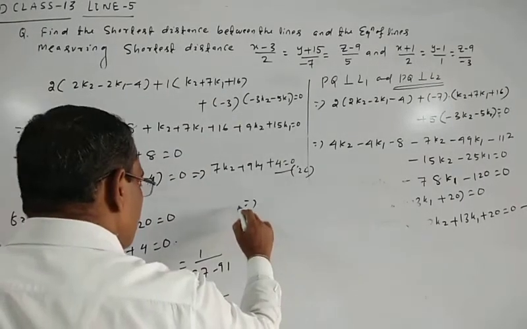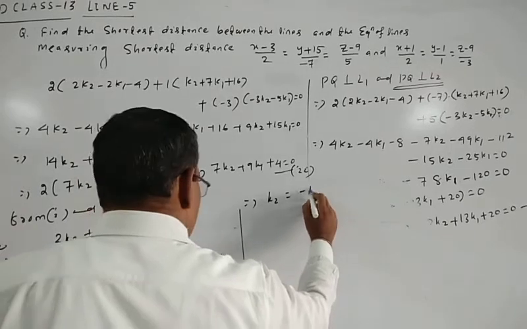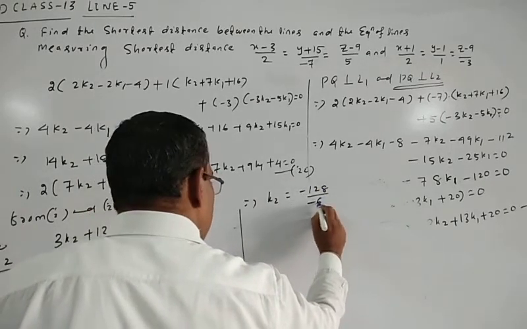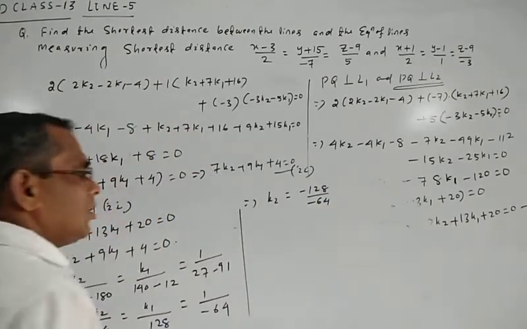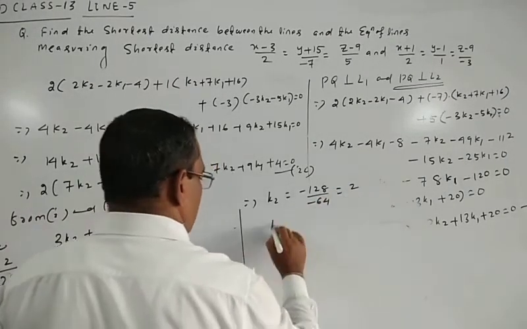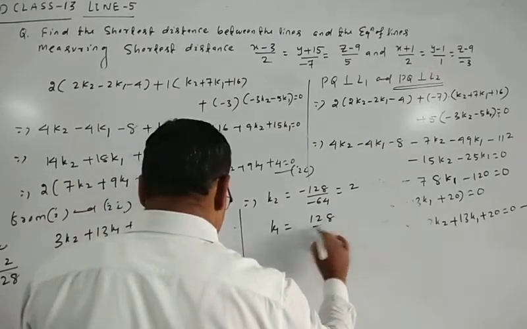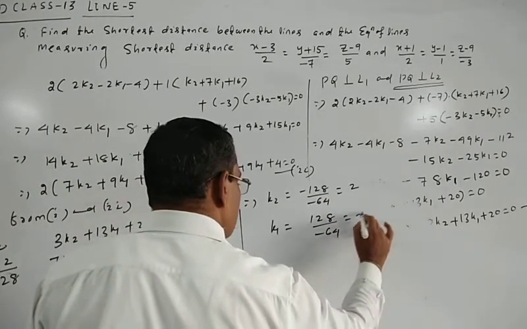So K2 equal to minus 128 by minus 64, so this is equal to 2, and K1 is equal to 128 by minus 64, so this is equal to minus 2.